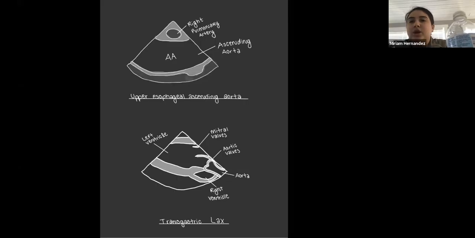Okay, so the next view was the upper esophageal ascending aorta. In this view, you're going to see the right pulmonary artery, the ascending aorta, and then you could see the pericardium.